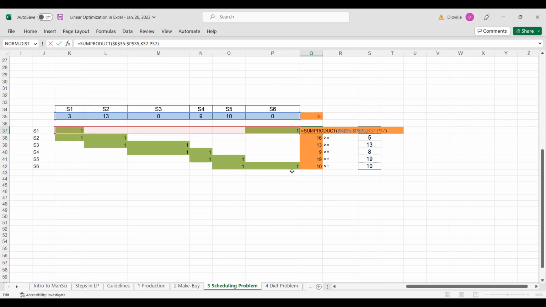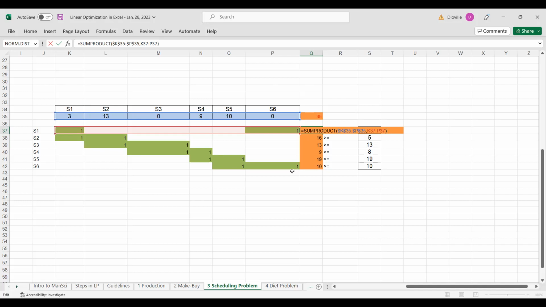Then Jovel got the sum product of row 37, that's K37, P37, with my decision variable, K35, P35. So whatever value you get in your decision variables will be multiplied and then summed up to your row 37.